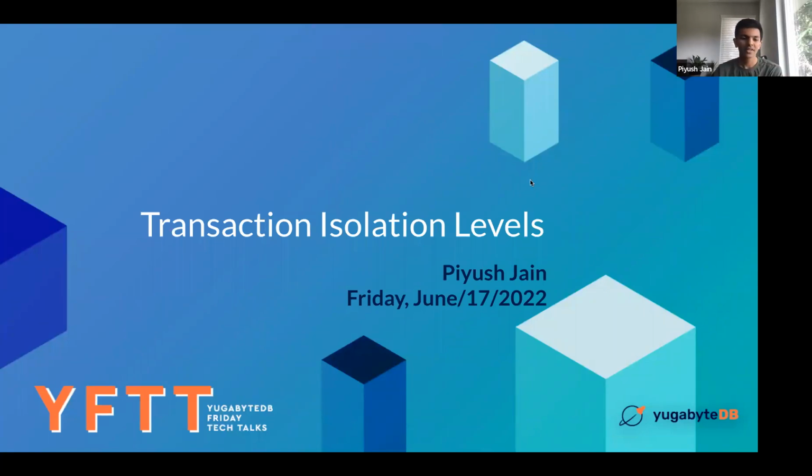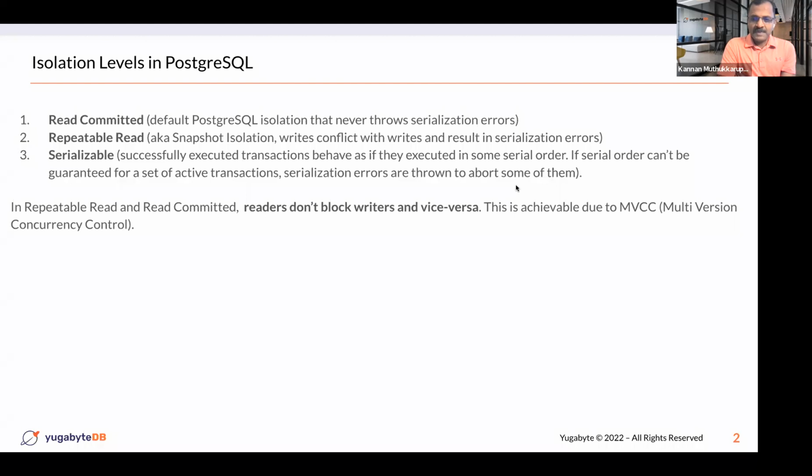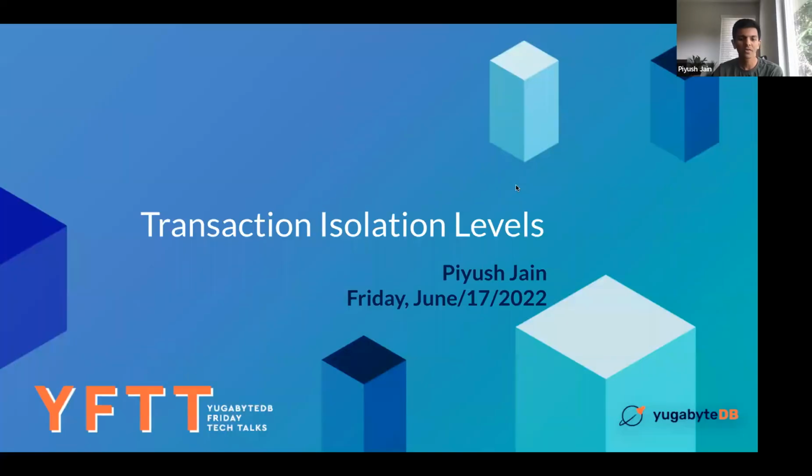So we'll discuss isolation levels. Before we go into what isolation levels are, let's discuss the why. Why do we even need to discuss this? Any database would want to allow multiple concurrent transactions to be running simultaneously.